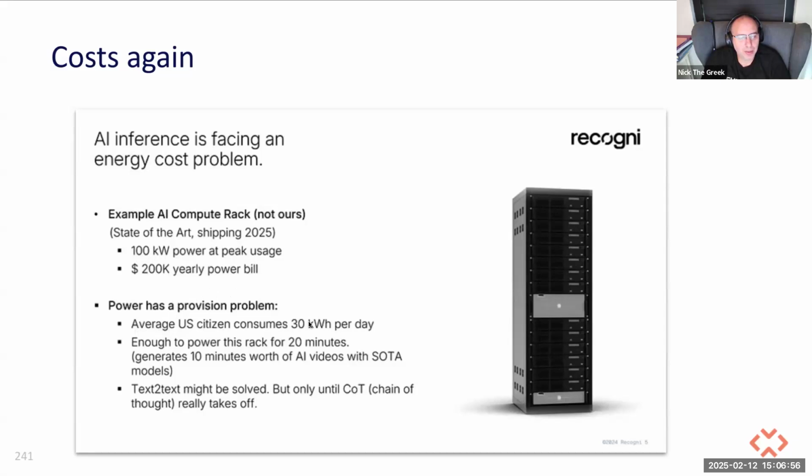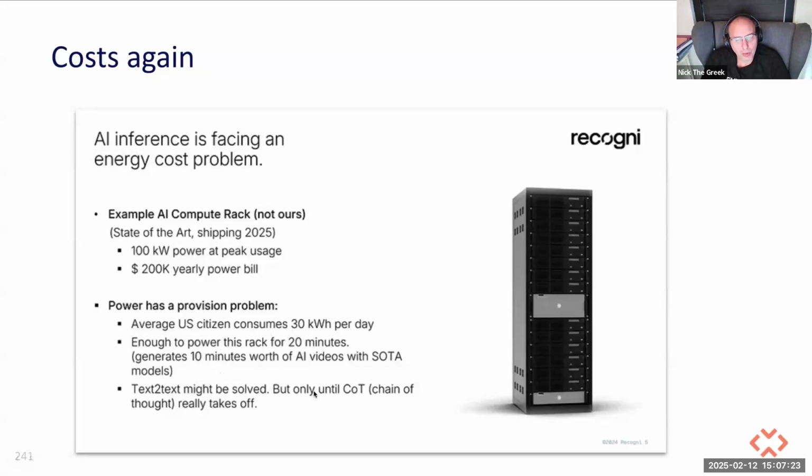Average US citizen consumes 30 kilowatt hours per day, enough to power this rack for 20 minutes. Okay. So your whole year as a citizen is much less than powering up this rack for 20 minutes. Generates 10 minutes worth of AI videos with SOTA models. These are very interesting. I know we're laughing, but they're scary statistics.